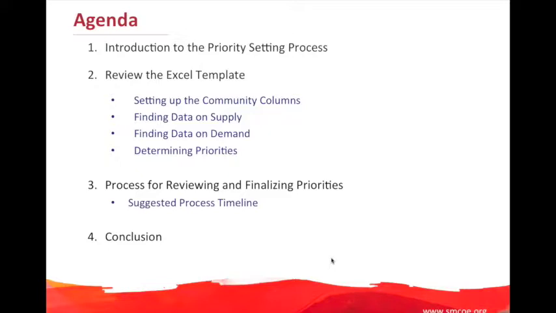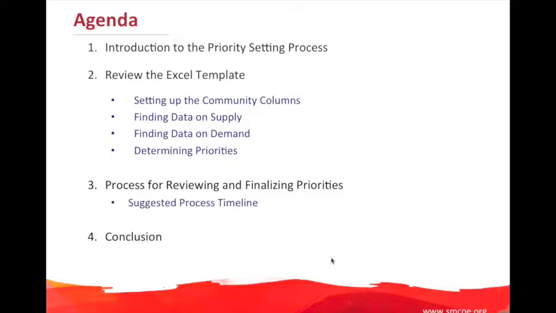So first, this is what we're going to do today. I'm doing the introduction. And then we're going to review the documents we use with the state very briefly. And then we're going to review an Excel template and setting up community columns and finding the data on supply and on demand, and then that step of determining the priorities.